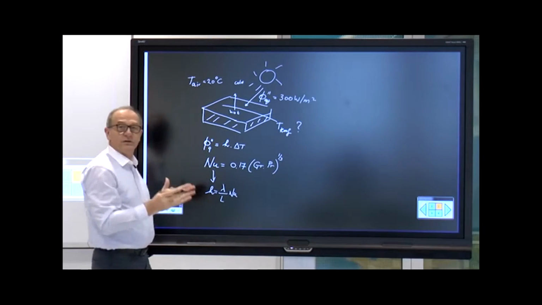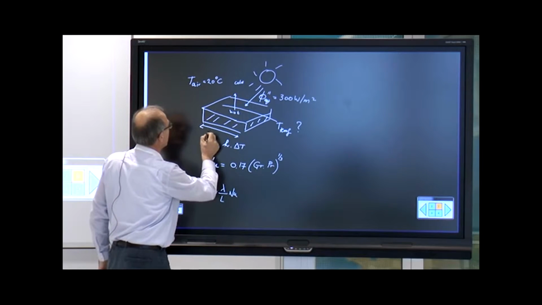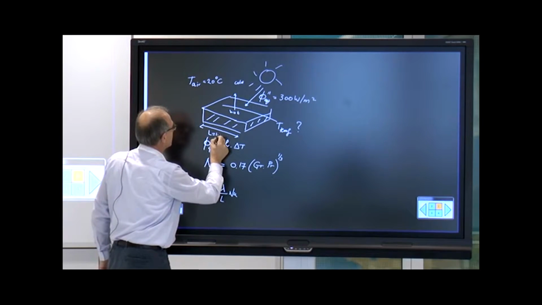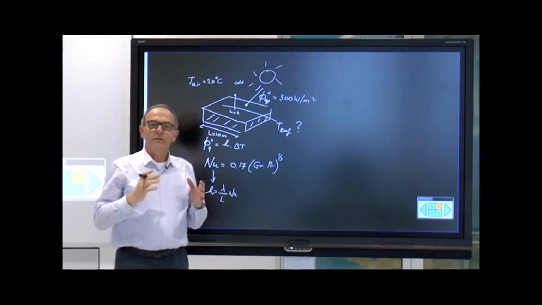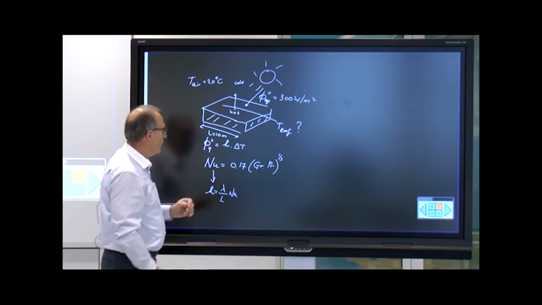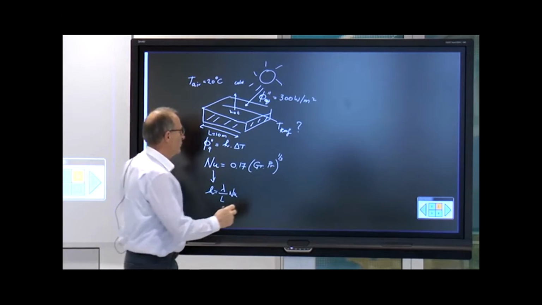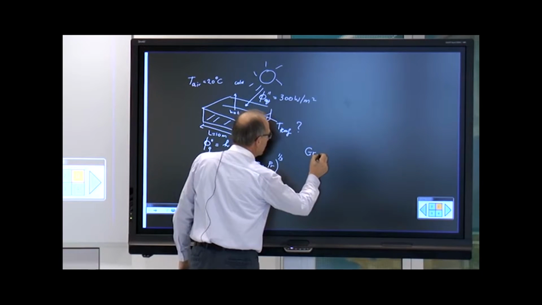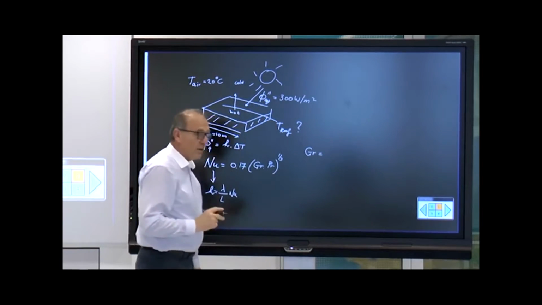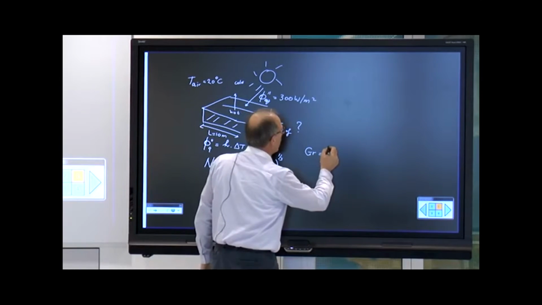Well, what's the characteristic length? You could say that is the length of the roof. Let's say that this is 10 meters, for example. Then you have a number of things which you have to calculate. What's the Grashof number and what's the Prandtl number in this case? We have seen that the Grashof number is in principle related to buoyancy and gravity, but we could write it a little bit differently.